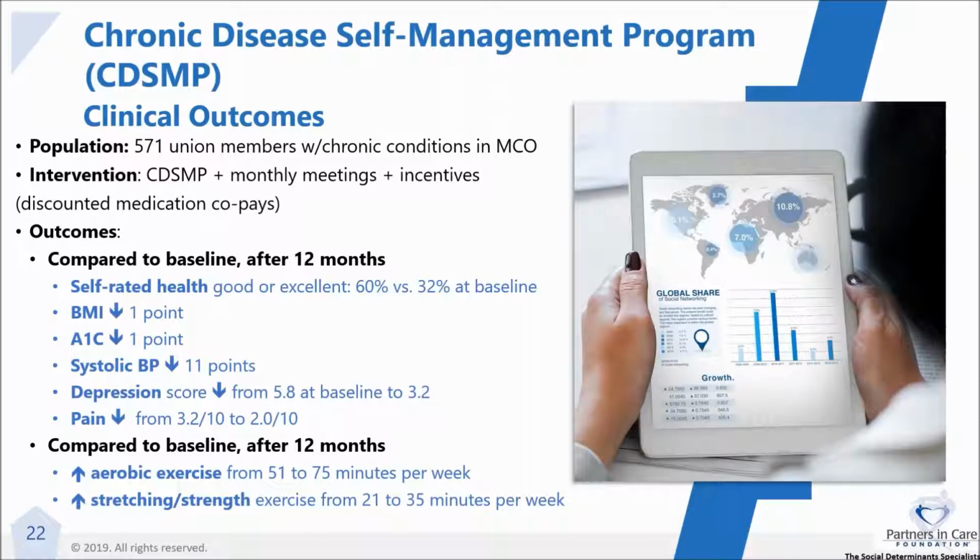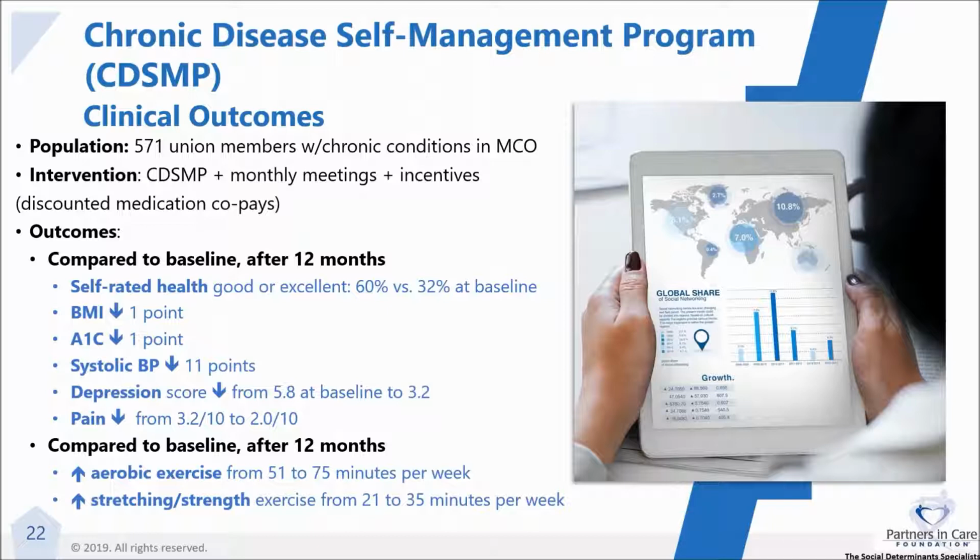And the outcomes from this program have been well documented in a number of different studies, but this is one study from a union here in Southern California, where they did the chronic disease self-management program, and they were working with a managed care organization so they could get outcomes data.